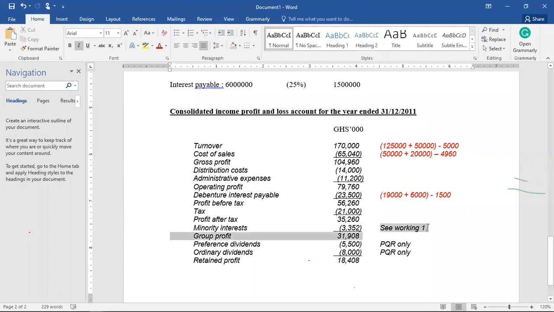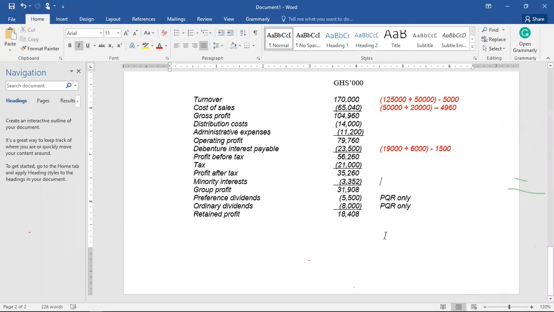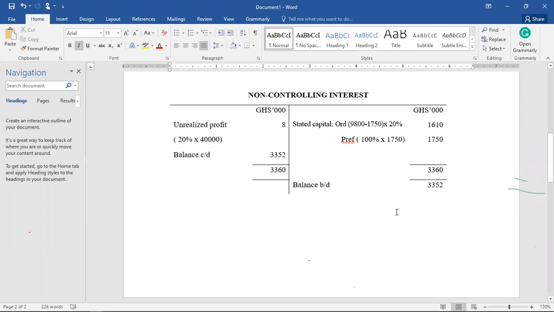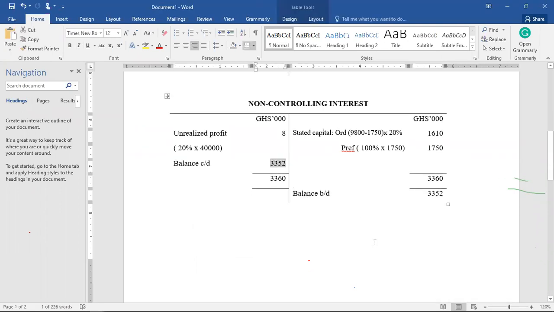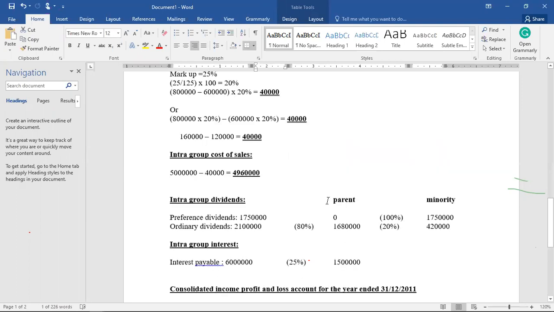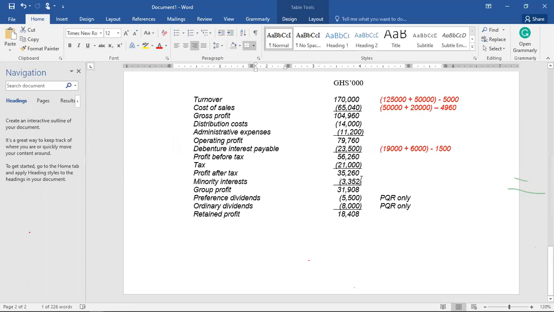Then just like we did for illustration 1, you go and take the profit after tax of subsidiary, multiply the minorities percentage on it, and then subtract here. Here we have already worked it out. And we said our minority total is 3,352. So when you need a minority surplus, you just pick this 3,352 here and come and subtract it over here.